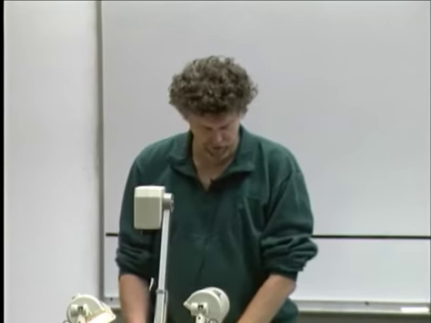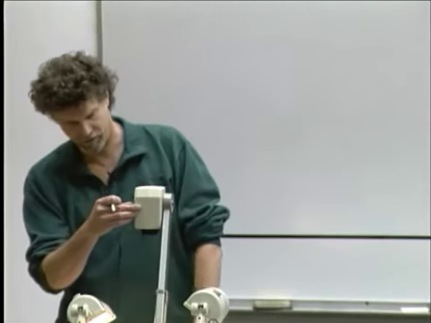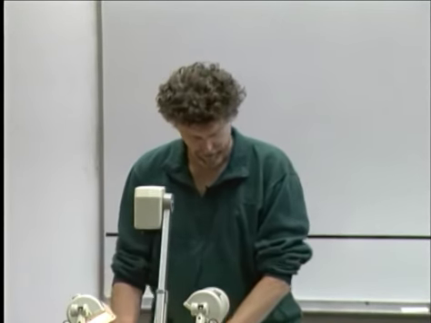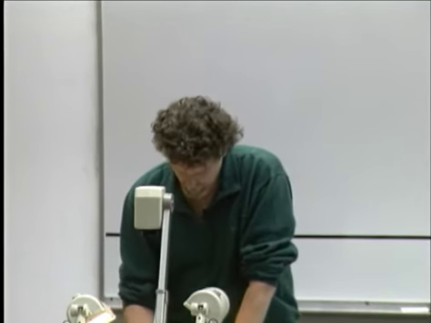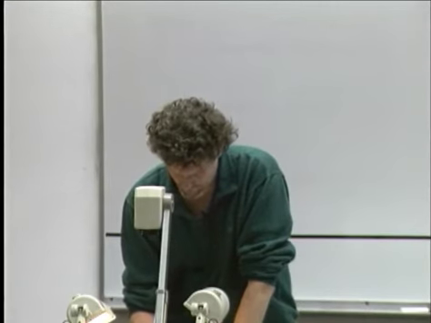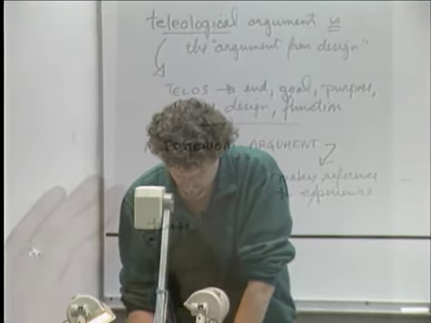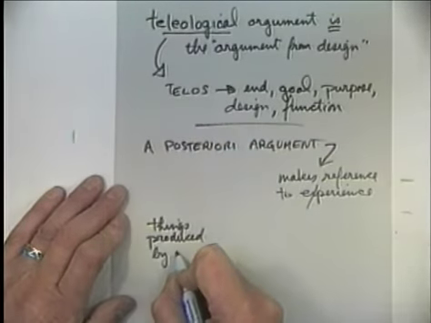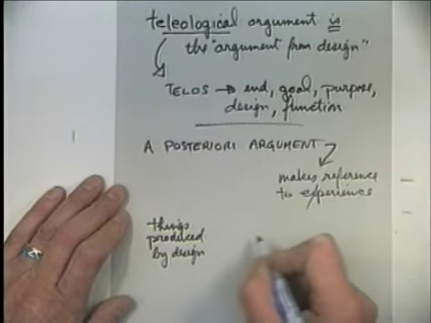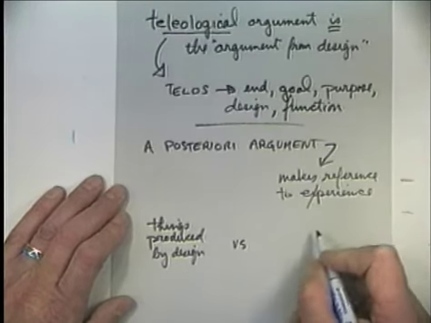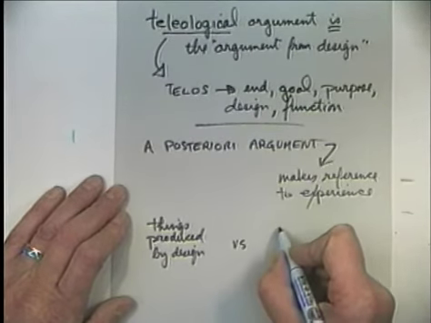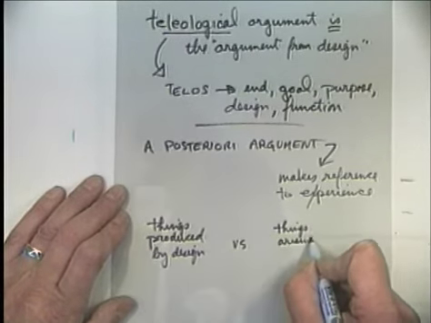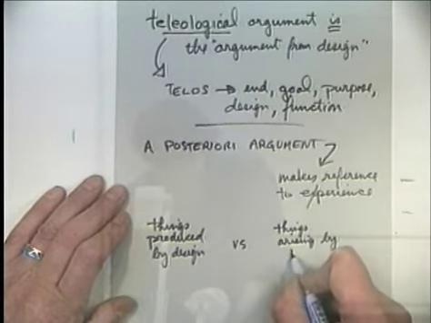So what this proof is going to contrast is things produced by design or with a purpose versus things arising by chance.